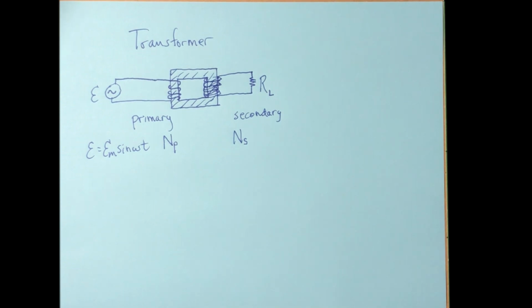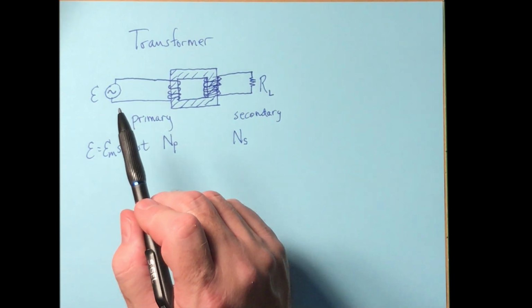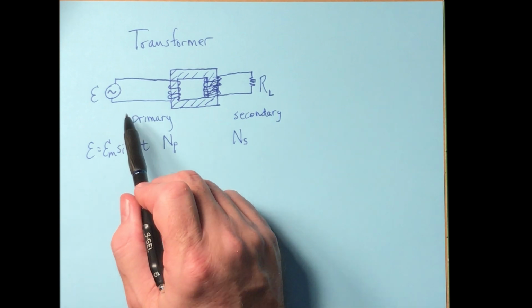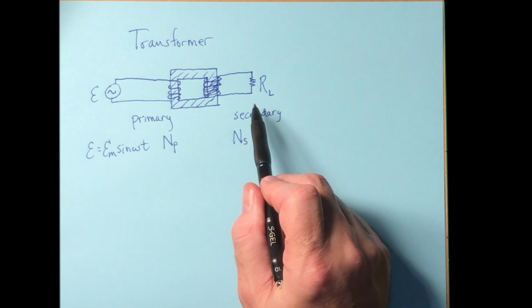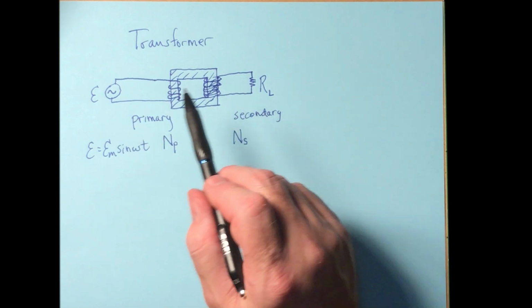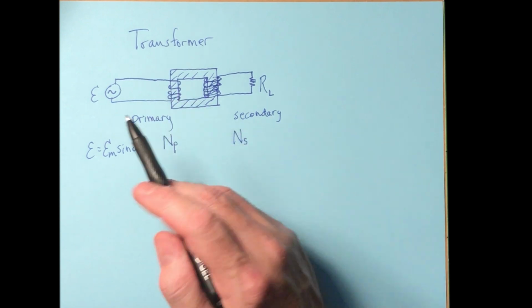Okay, now there is a relationship then between the power, the current, the voltage, the resistance over here on the primary side to what's on the secondary side. Okay, it's not exactly the same. We assume that resistances on these windings are negligible.